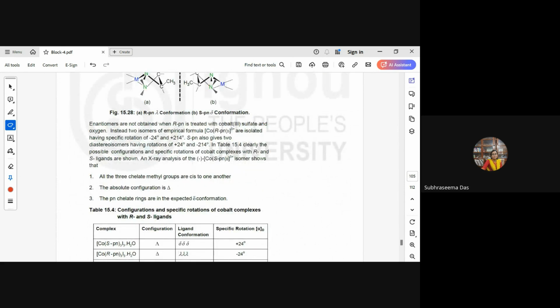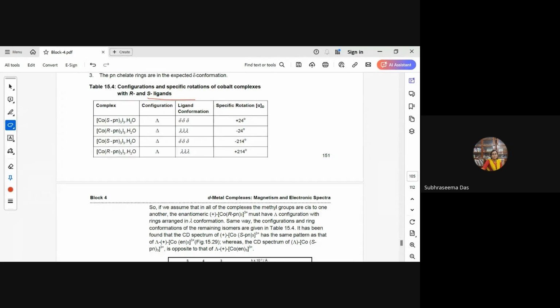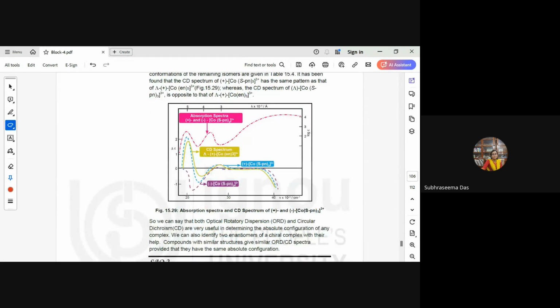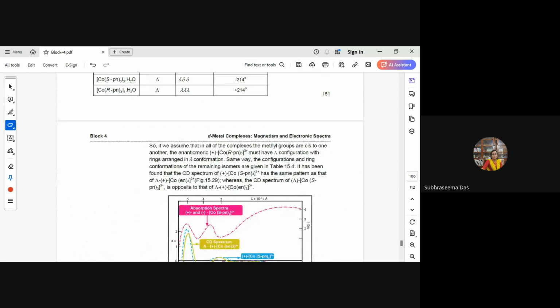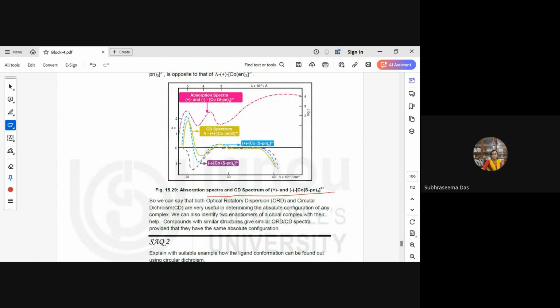The configurations and specific rotation of some cobalt complexes with R and S ligands have been shown here. This figure shows the absorption spectra and CD spectra combined for one ligand, and from the UV spectrum and CD spectrum we can find out the configuration of this complex.